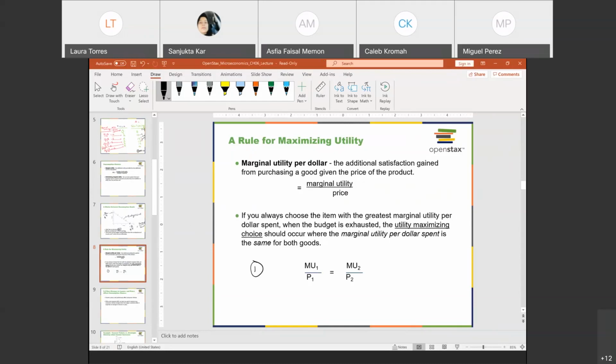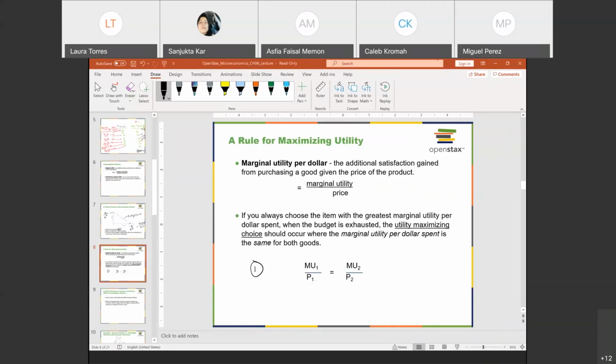The first one is marginal utility over price for good one, and this is equal to marginal utility over price for good two. This is not going to make any sense unless I give you some example, and that's what I plan to do.